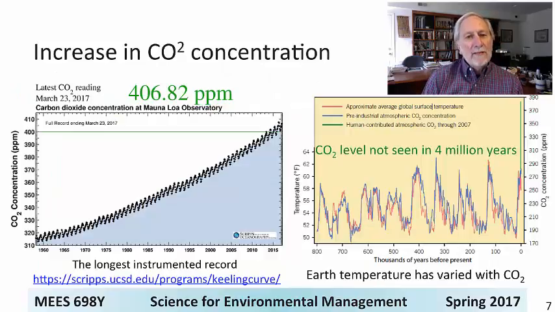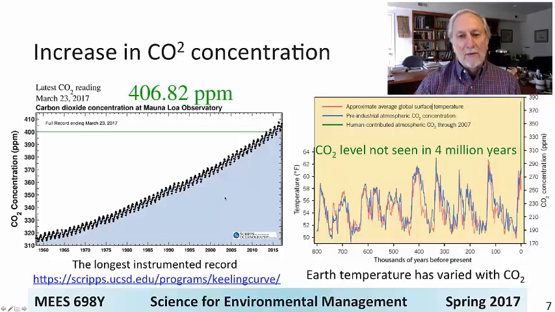So we have this increase in CO2 concentration that we see here from the Keeling curve. And when Keeling began measuring it, really by 1959, we see this very continuous trend with an up and down seasonal signal as the northern hemisphere plants take up CO2 in photosynthesis in the summer and release it later in the year when respiration dominates.